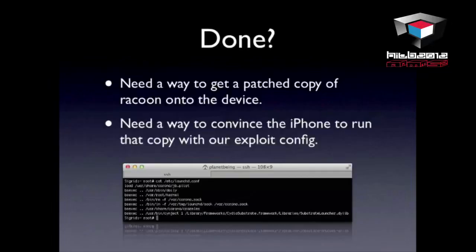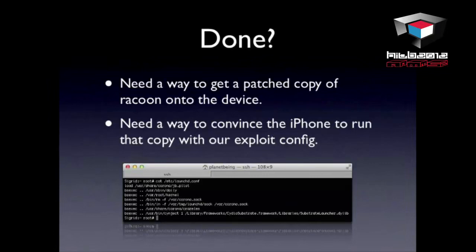Well, not quite. We actually need a way to first get the patched copy of Raccoon onto the iOS file system, and we also need to convince iOS to execute Raccoon with a copy of our configuration file as root in order to do anything.